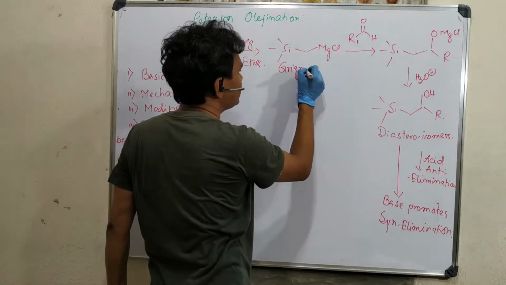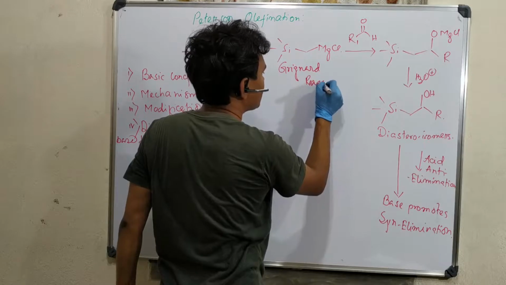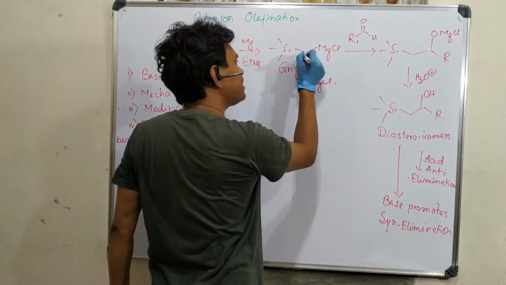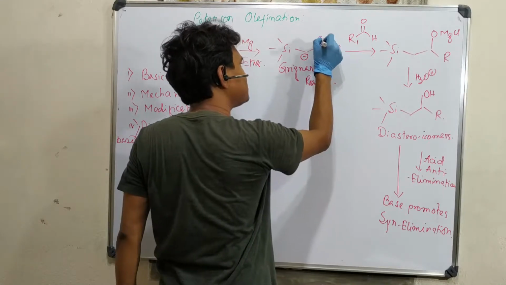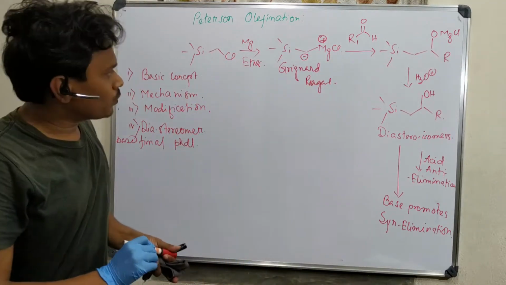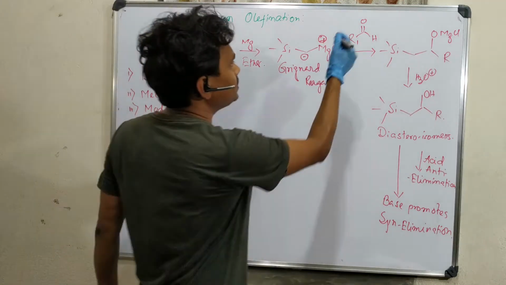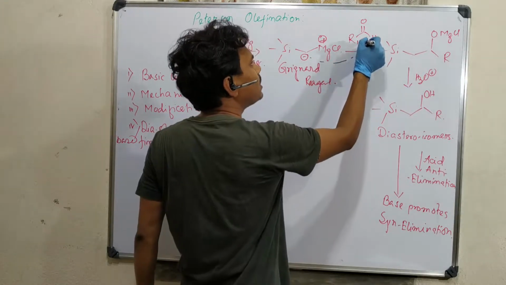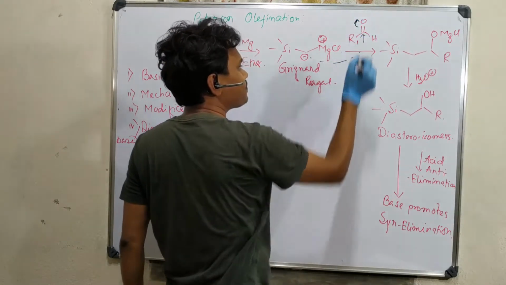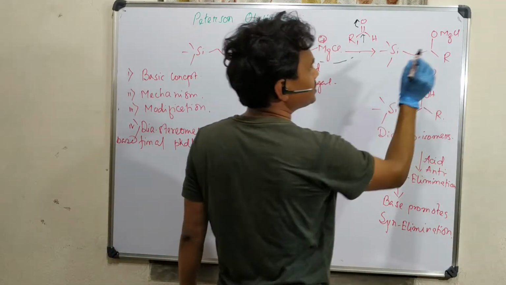So this is the Grignard reagent, with delta plus and delta minus, carbanion in nature, and magnesium is plus. What is expected is that this carbanion will attack the carbonyl. So it goes and attacks here, and it produces this magnesium reagent.